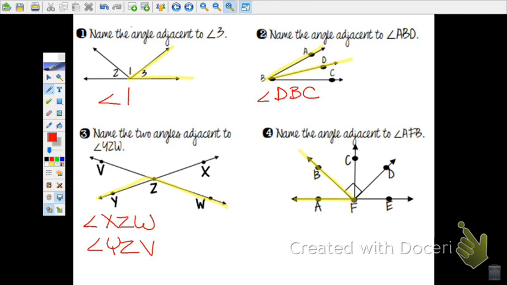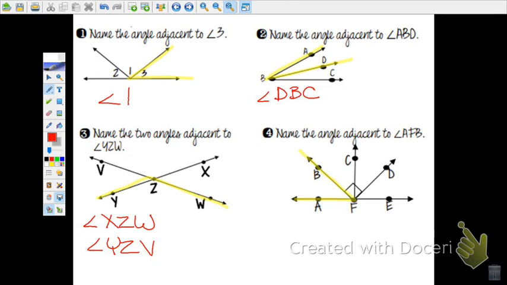Can't use AFE, and the reason for that is when I name that straight angle AFE, we don't know if we're coming down below or if we are coming across the top. If we're coming across the top, then they would not be adjacent because they would both have common interior points.